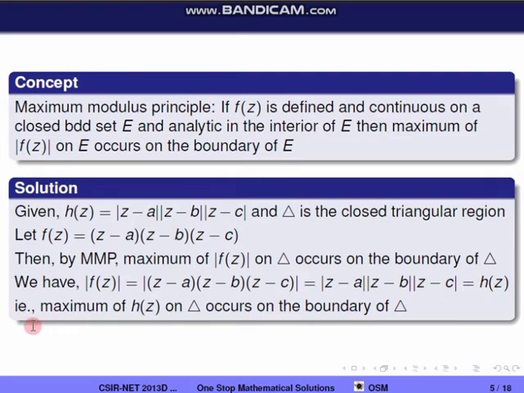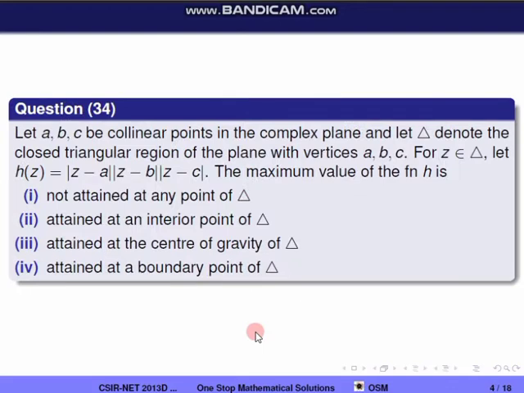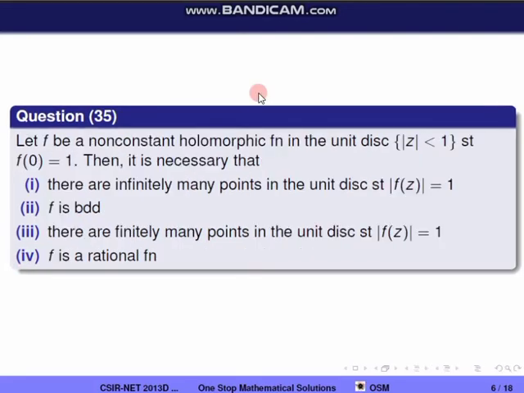That is, the maximum of h of z on delta occurs on the boundary of delta. So we look into the correct options. So the maximum value of the function h is attained at a boundary point of delta. So the fourth one is the correct option.